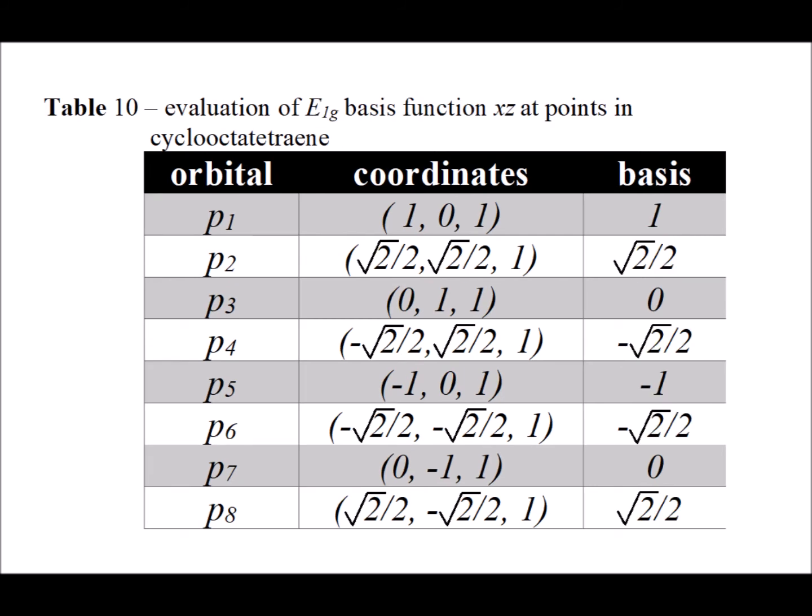Now, when we're trying to evaluate the coefficients, when we have a doubly or triply degenerate irreducible representation, we have to use both or all three of the partner basis functions to get the appropriate coefficients. So here in table 10, we're using the first basis function xz.